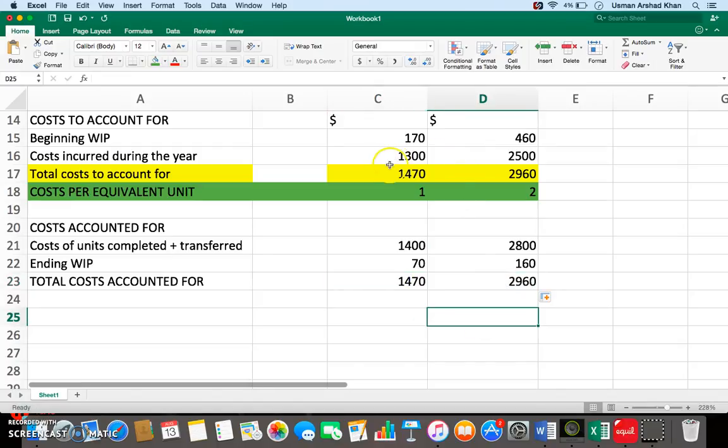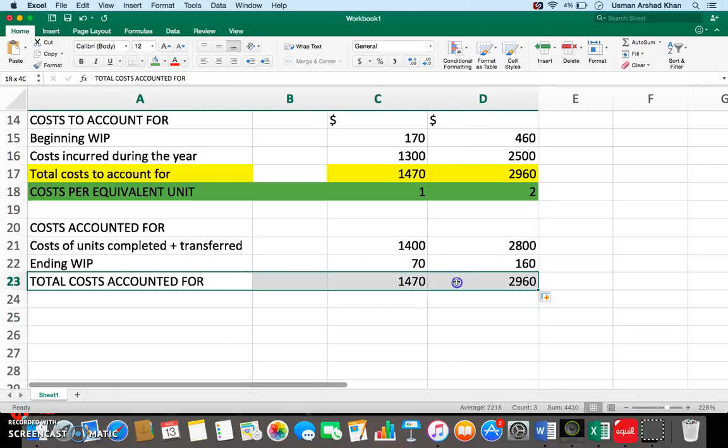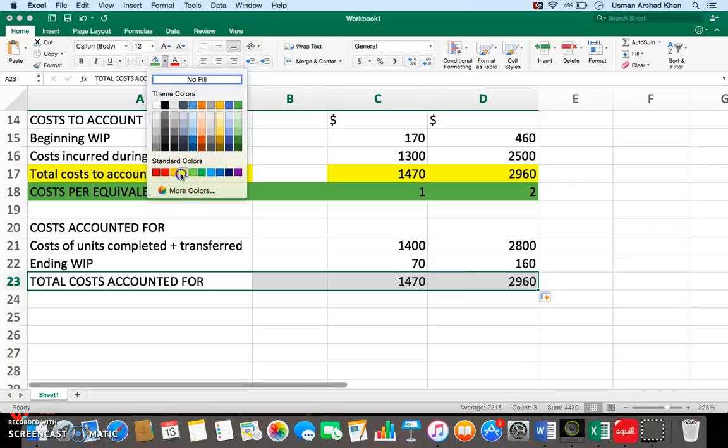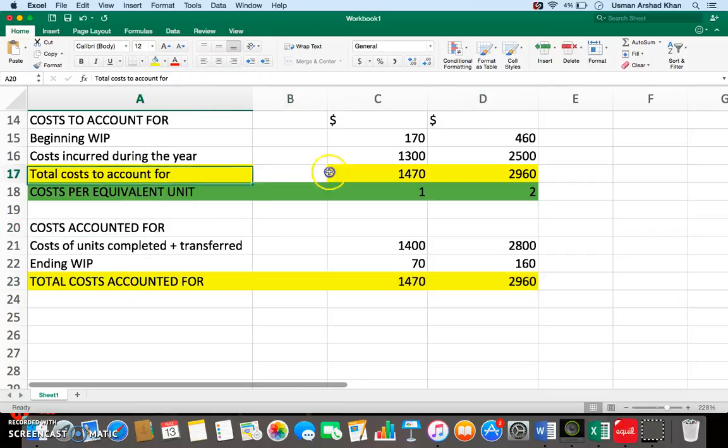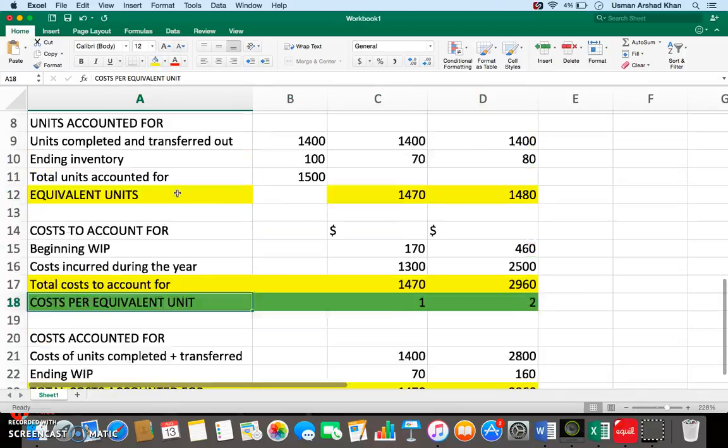All right, guys. The sign that you know that you have passed with flying colors is that these answers have to be the same. So in this case, they are. This answer and this answer have to be the same because total cost to account for and total cost accounted for have to be the same.